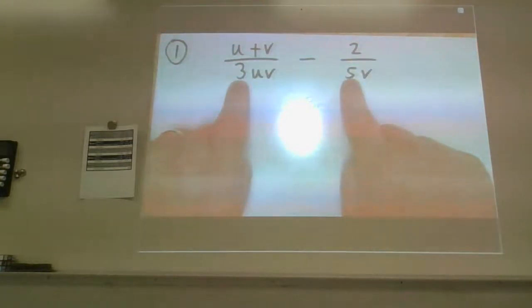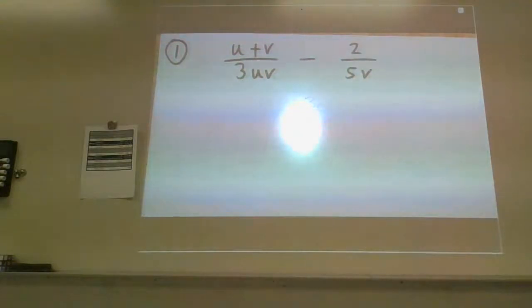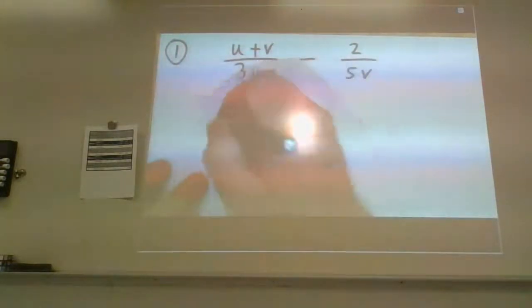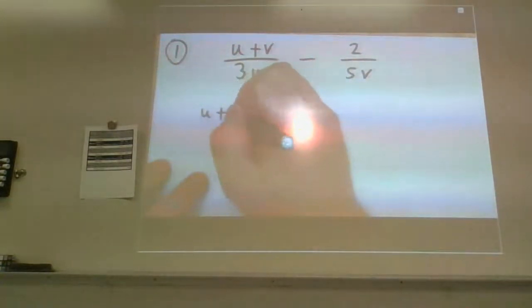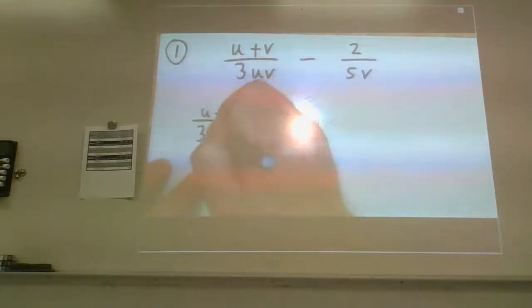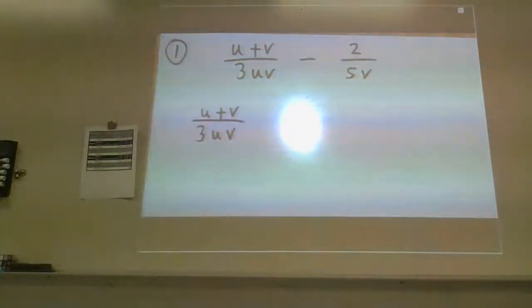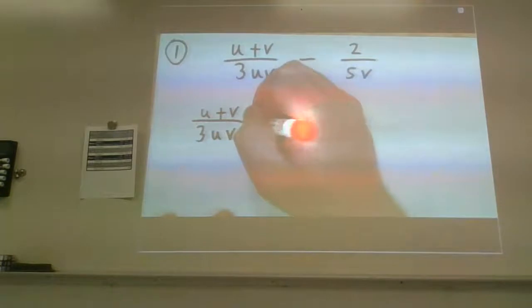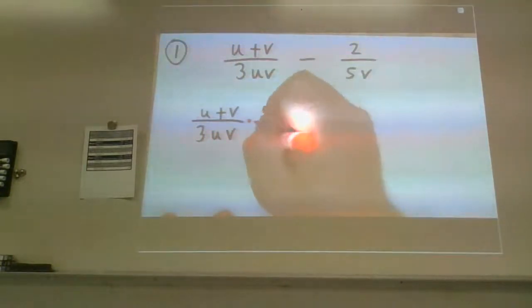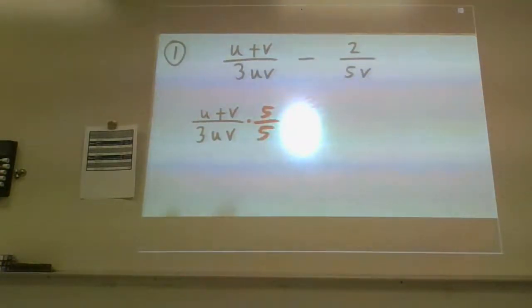We'll deal with those letters in a moment. So this is what I would have to focus on to start. First, I would like both of these fractions to look like a 15. So I am going to multiply that first fraction by 5 over 5.